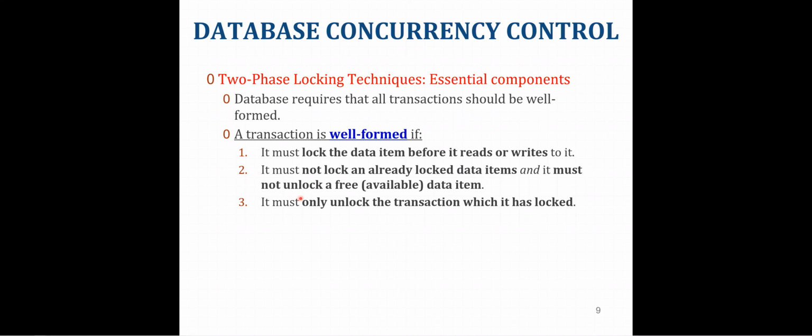And it must not unlock a free, available data item. It must only unlock the item which it has locked. So if you already locked an item, after you finish with it, you must unlock it. And you cannot unlock an item which is already unlocked.